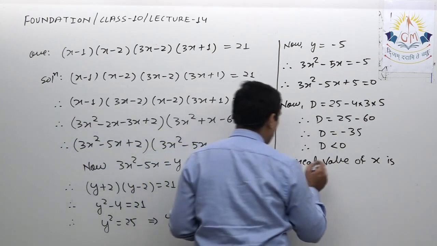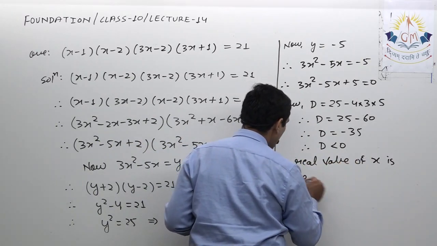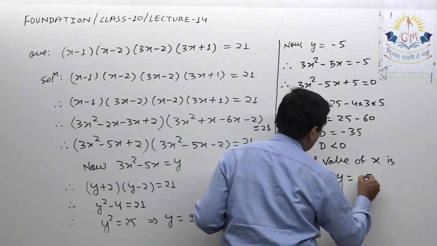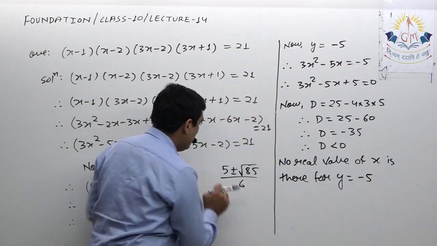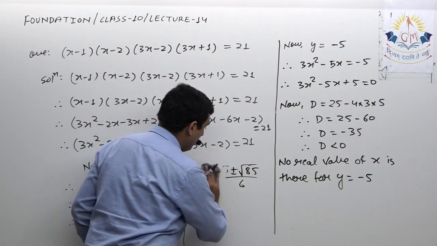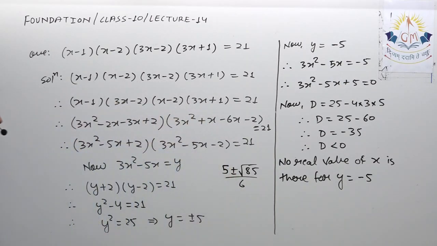Okay, so therefore no real value of x is there for y equal to minus 5. Okay, now we'll check for this. We'll note it down up to this point. Then we'll check for this value of x whether the equation is being satisfied or not.